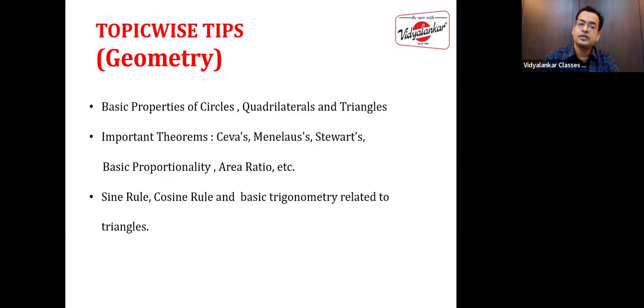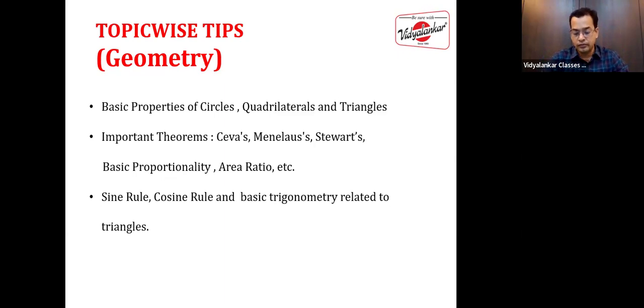All the properties of circles at school level, check them all. So the pure geometry topics of 8th, 9th, 10th standard, all their properties, corollaries, and theorems, that you should check. Then after that, some particular theorems related to IOQM like Ceva's theorem, Menelaus's theorem, Stewart's theorem, area ratio formula, basic proportionality theorem. So all these things you need to revise and study for the geometry part of IOQM.